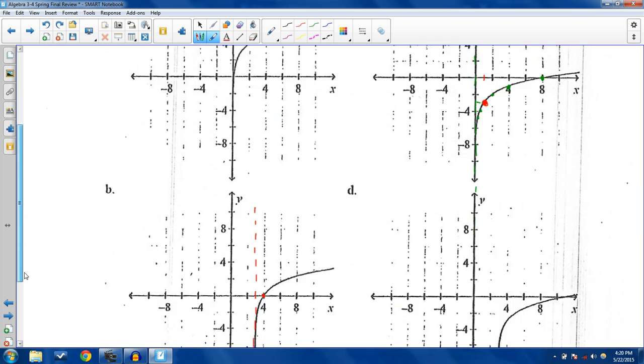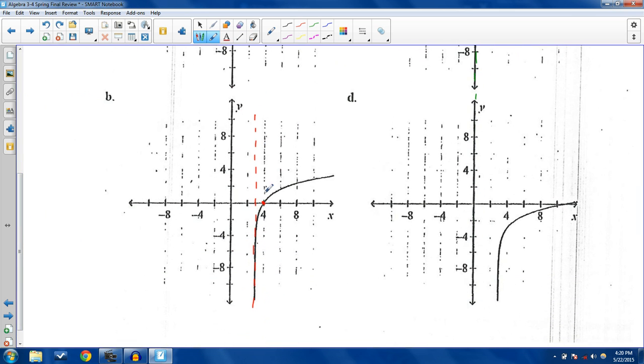On B, your quote-unquote correct answer, when I go up 1, I'm going to double my distance away from my asymptote. Before I was 1 away, now I'm 2 away. When I go up another 1, I'll double my distance from 2. Let's see, let's line that height up. No, the other one was right.